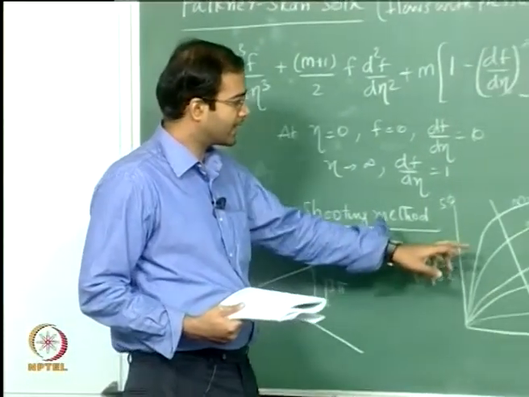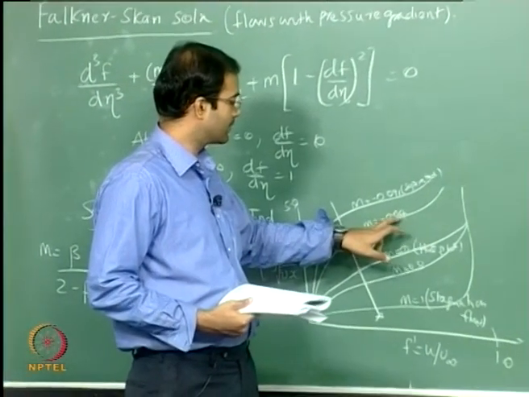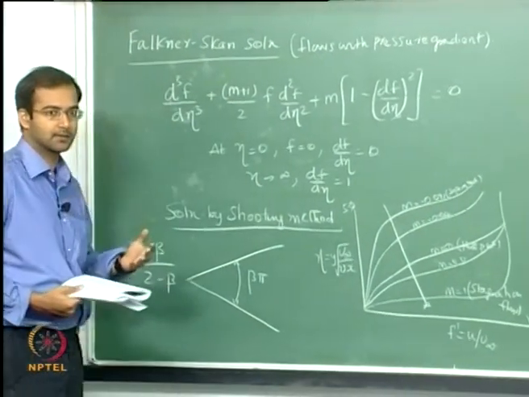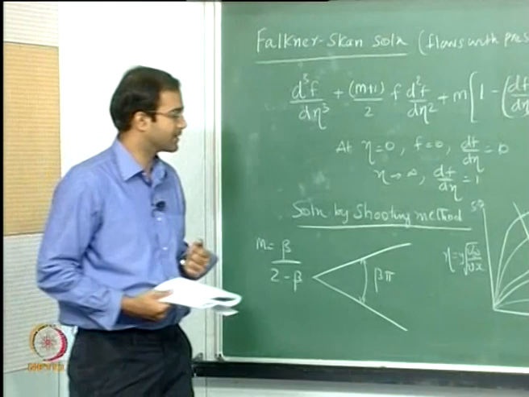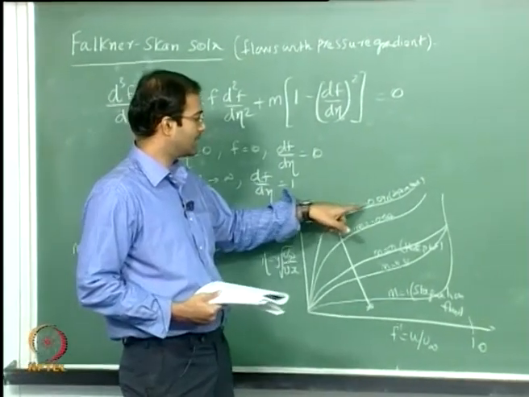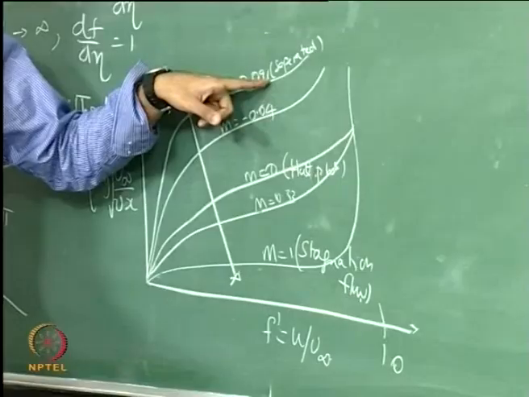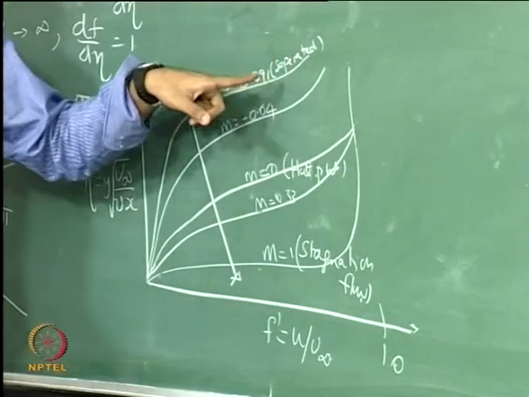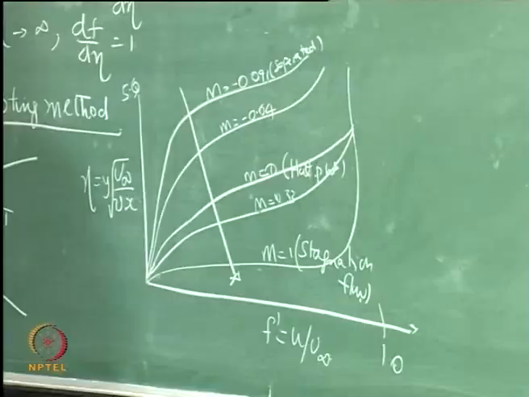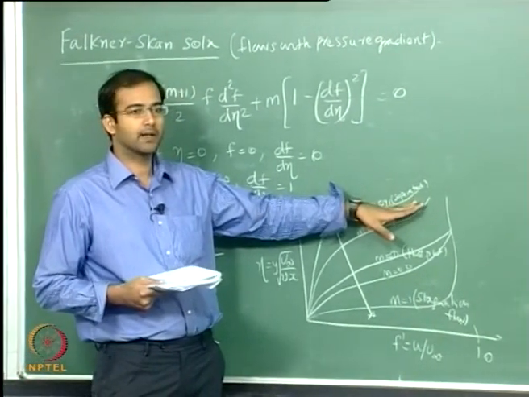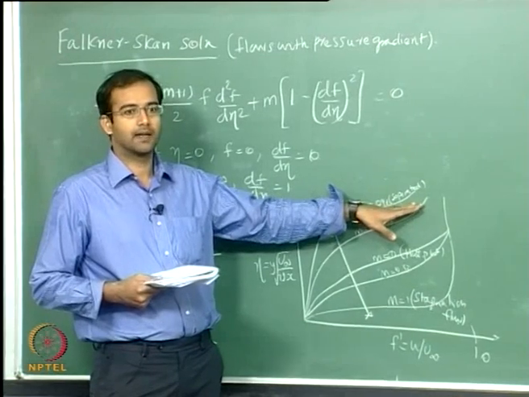For negative values, if you make it more and more negative, you will get adverse pressure gradient flows, the example that we have seen yesterday, and for a particular value of m, which is exactly minus 0.091, you will see the flow is separating. At this particular location, the boundary layer theory will not be valid anymore.